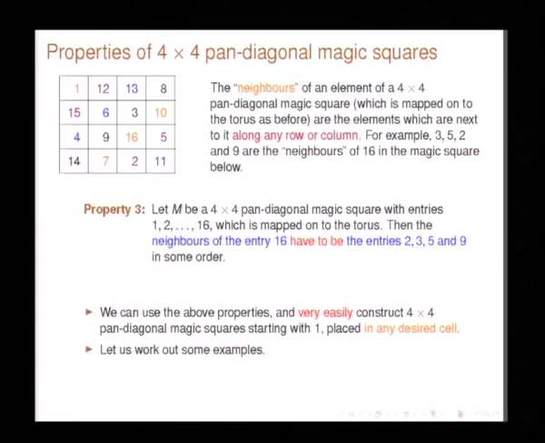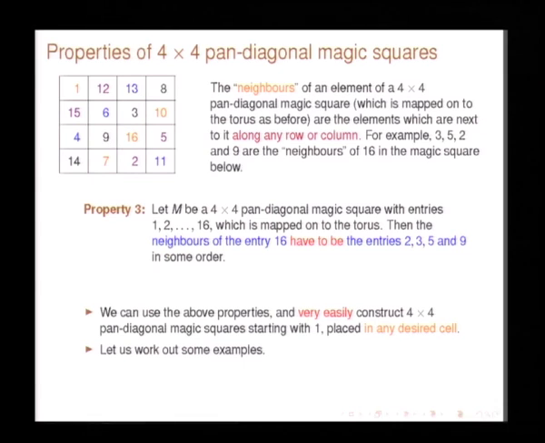Then we move on to the third property, a very interesting one which has been proved by Professor Vijay Raghavan. He says that the neighbors of the elements are fixed, neighbors in the sense of along any row and column. For instance, if you take number 16, the neighbors are 2, 5, 3 and 9.